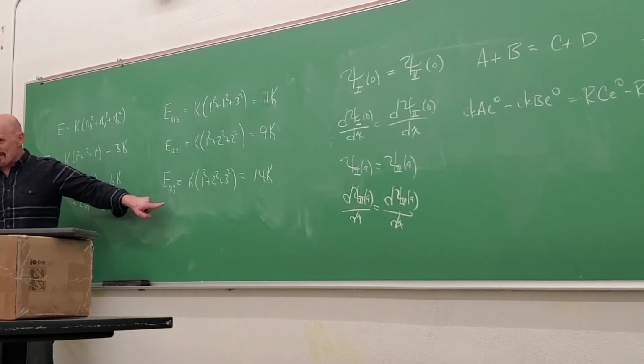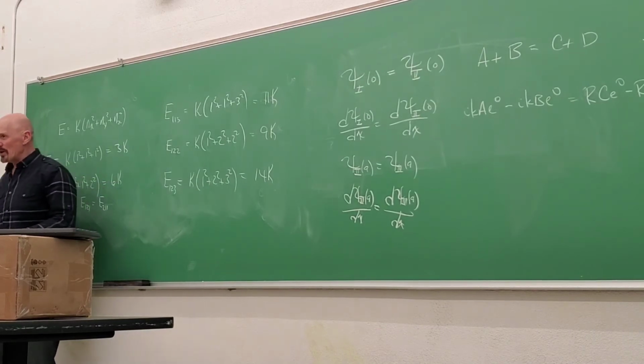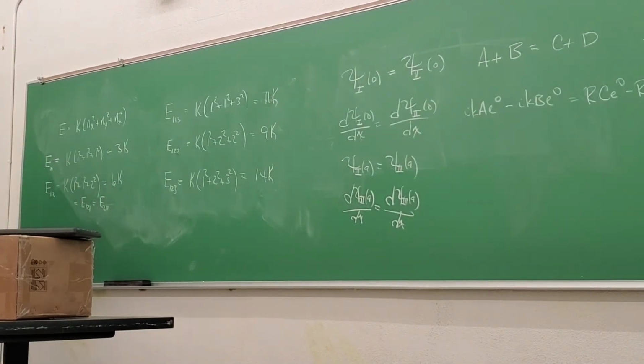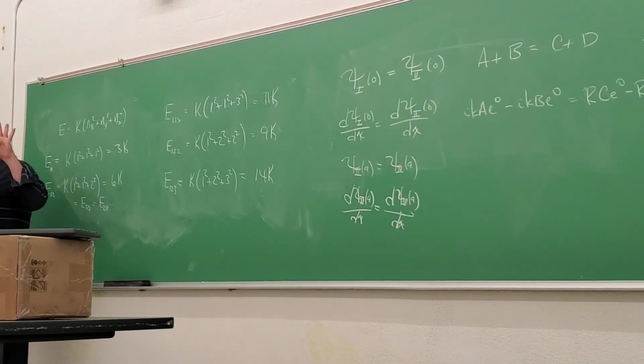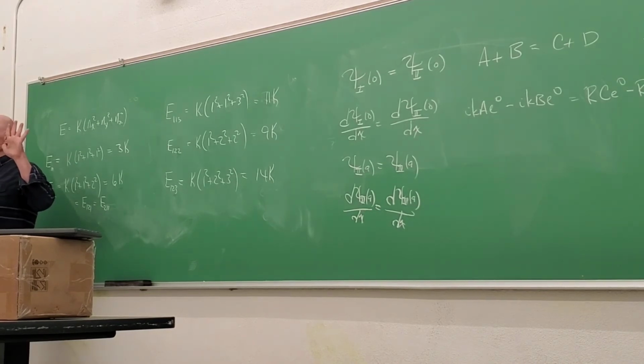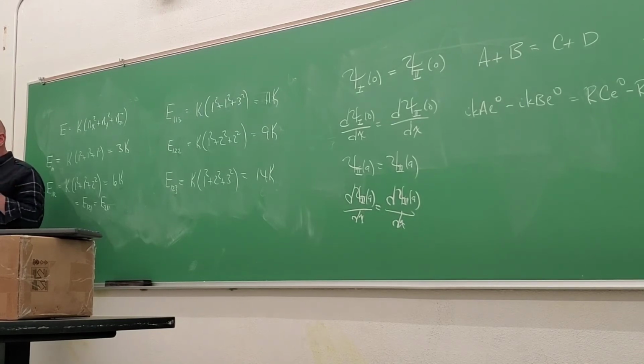Because now you have a 1, 2, 3, a 1, 3, 2, a 2, 1, 3, a 2, 3, 1, a 3, 1, 2, and a 3, 2, 1. So that's a big sixfold degenerate. Okay, now, so just find the first 12 and find what their degeneracies are.